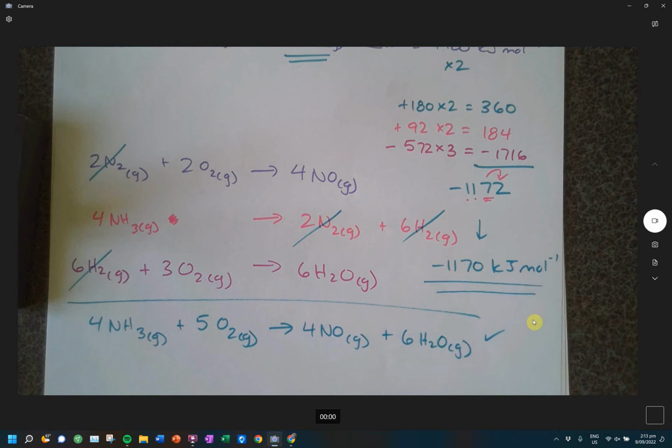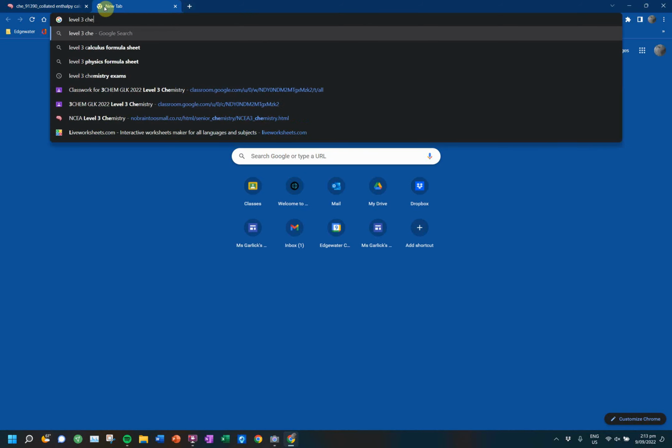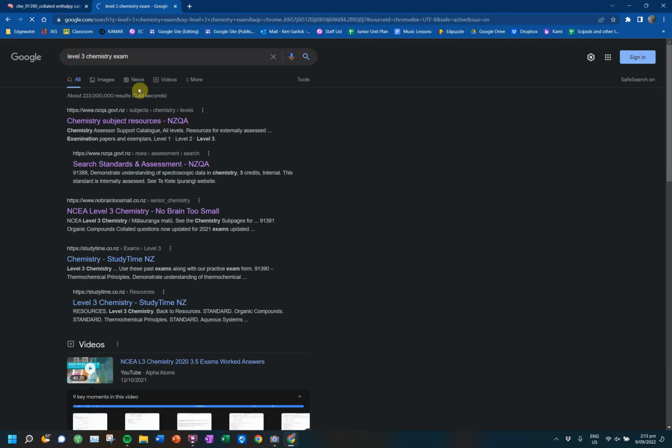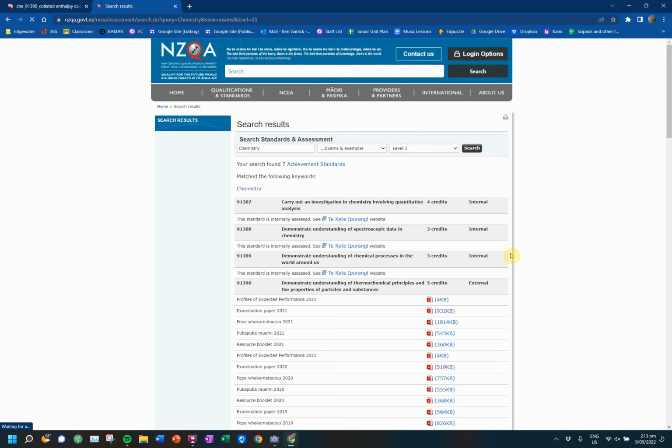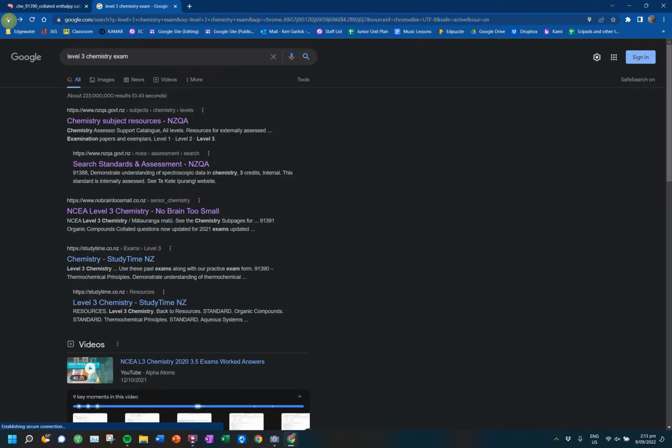Now let's check the NZQA to see if we did the math properly. And this is where Miss embarrasses herself because she didn't do the math properly. These are the examination papers.